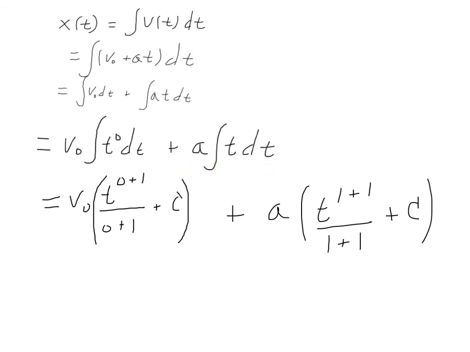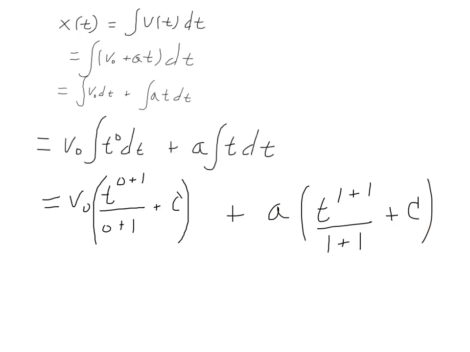And then for this integral, I have t to the 1 power, so the integral of that is t to the 1 plus 1 divided by 1 plus 1, also plus c, and I'm going to distribute this a times t squared over 2 is what it's going to be, plus a times c, but I'm also going to call that c.